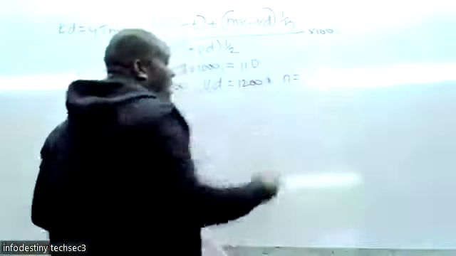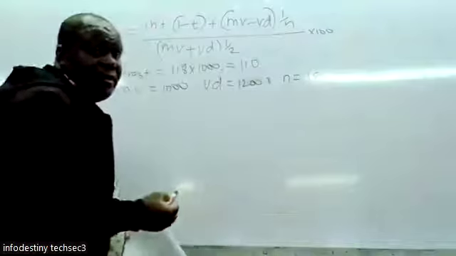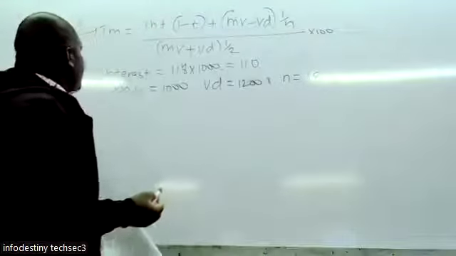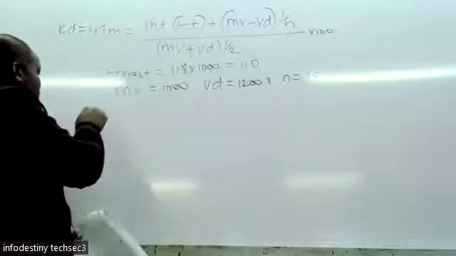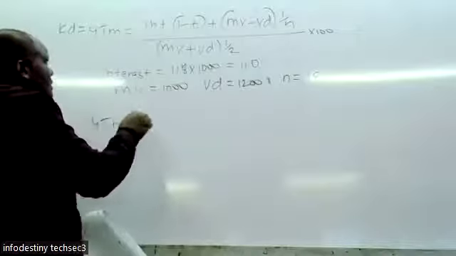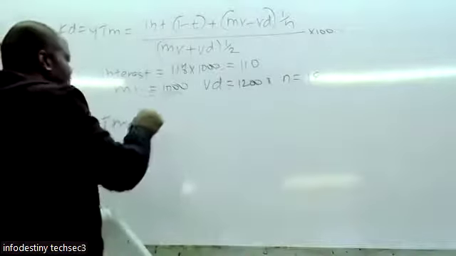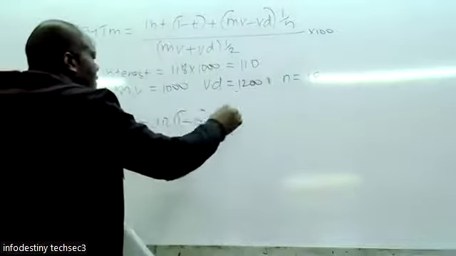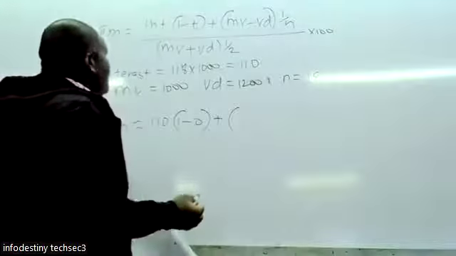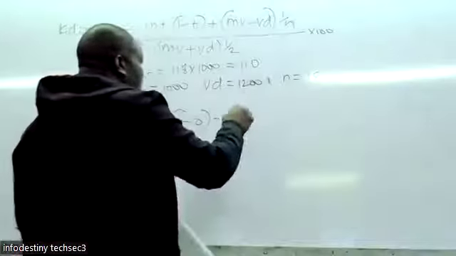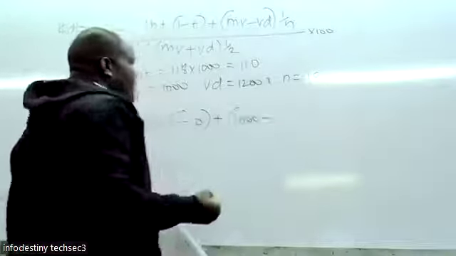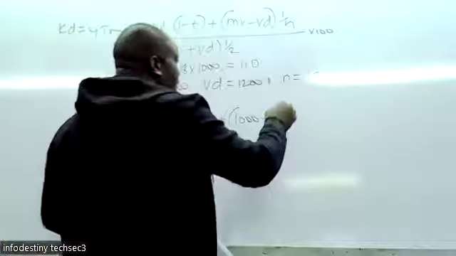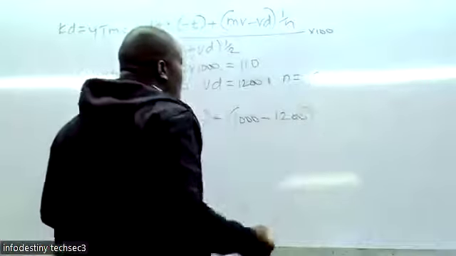The question had no corporate tax. So KD, or simply the yield to maturity, we take interest, which is 110. Maturity value is the same as the par value, 1,000. Current value for the debenture is 1,200.